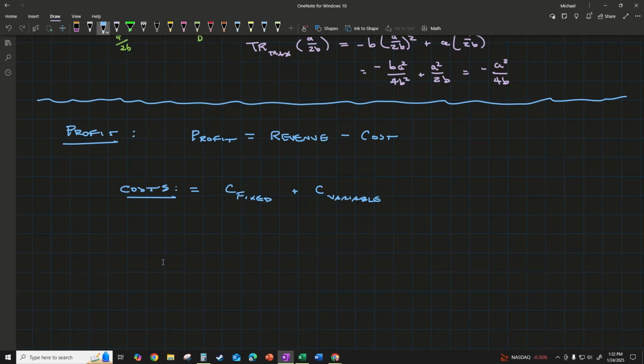So our fixed costs are just going to be constant then, and our variable cost will be functions of D, our demand.